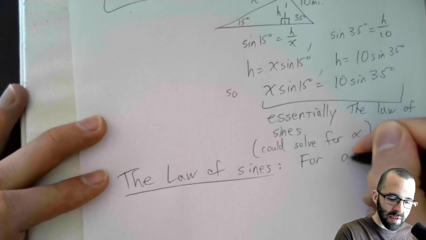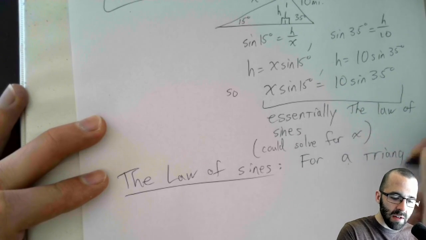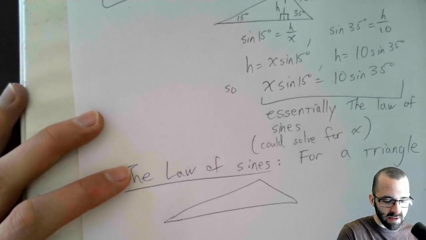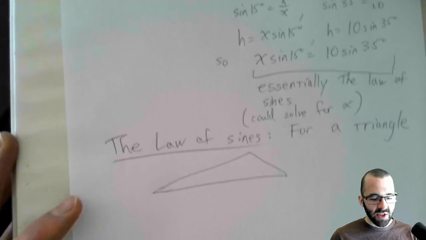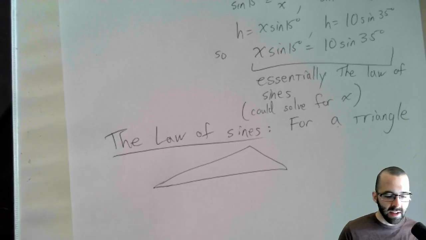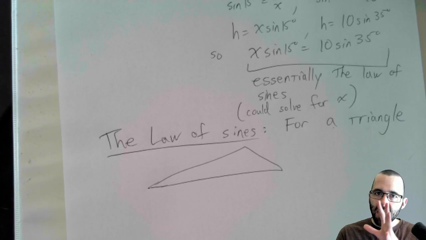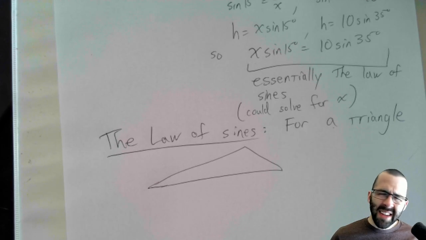For a triangle that, say, just looks like something that's not a right triangle, okay? Then there's a couple naming conventions for triangles. Previously, we've used uppercase and lowercase letters. In this section, the book uses Greek letters for the angles.